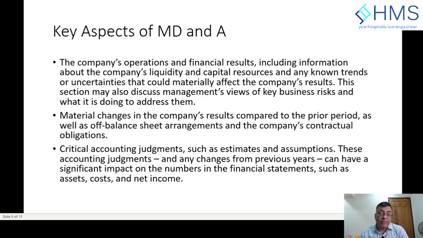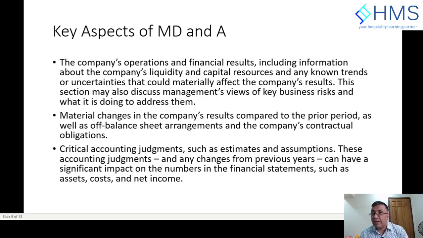Then you will have any critical accounting judgments, changes, and assumptions they are making about the company. So if there is any change, the management discussion and analysis has to explain the impact of such accounting estimate or judgment changes. For example, change in depreciation, change in retirement benefits, change in other provisions, maybe pending lawsuits.